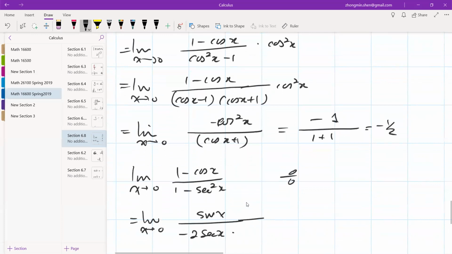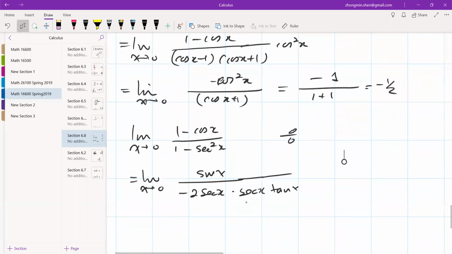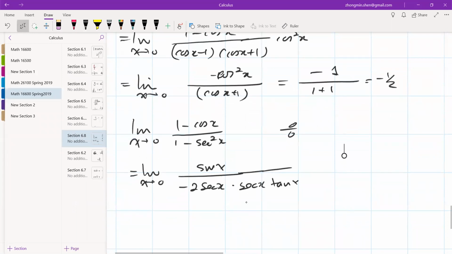Now what is the derivative of secant x? Secant x tangent x, right? Not too bad. But you're not able to simplify, then you have trouble. Too many terms, right? And the secant squared x, you can differentiate. It's possible. Yeah, secant.